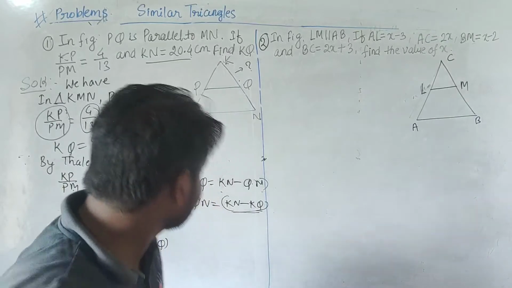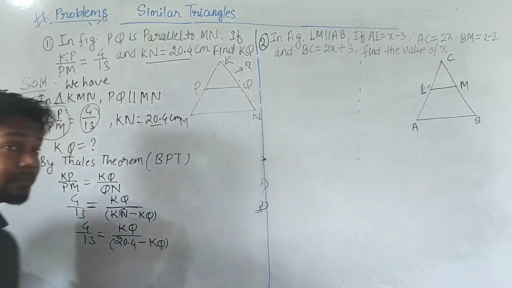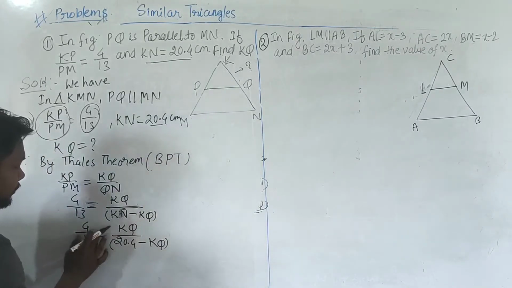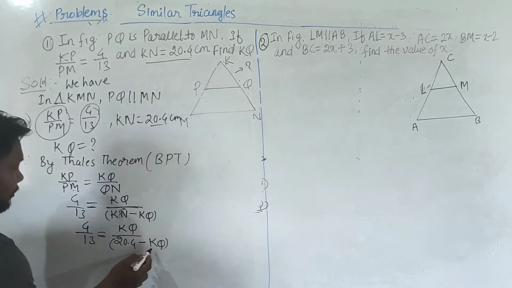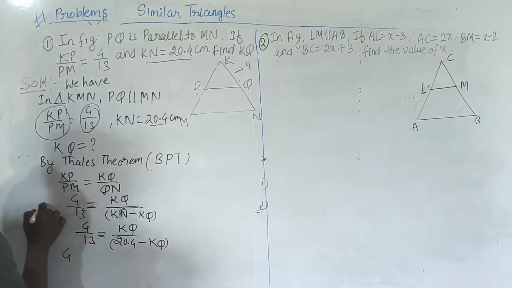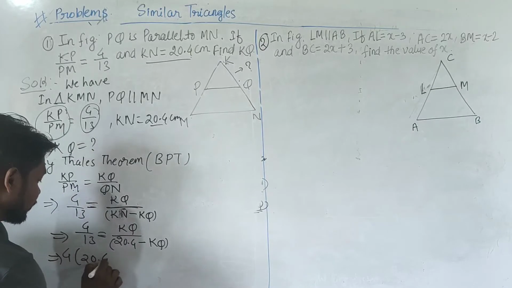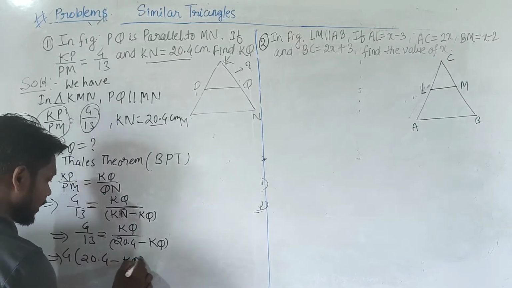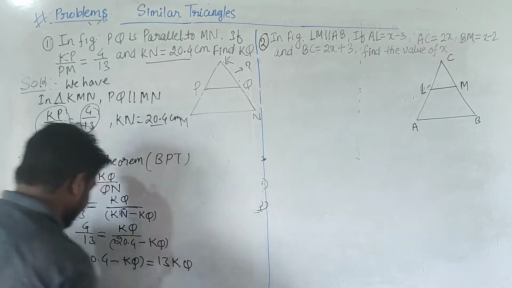Now, by cross multiplying, this implies 4 into 20.4, and KQ will multiply by this term, it will become 13 KQ.